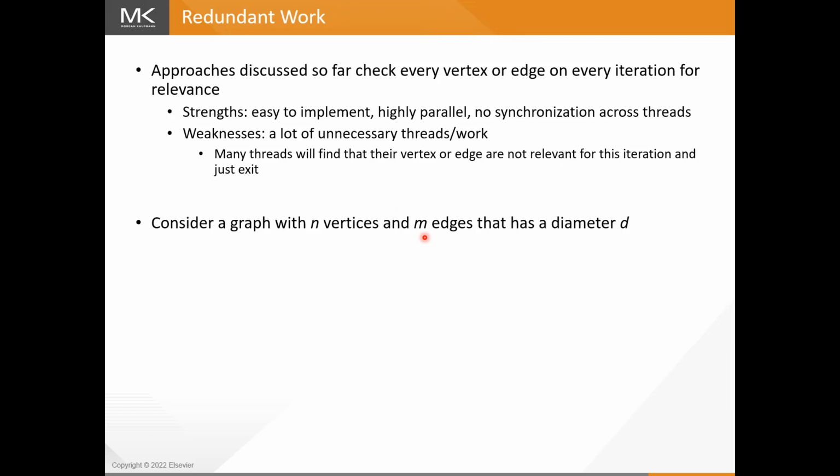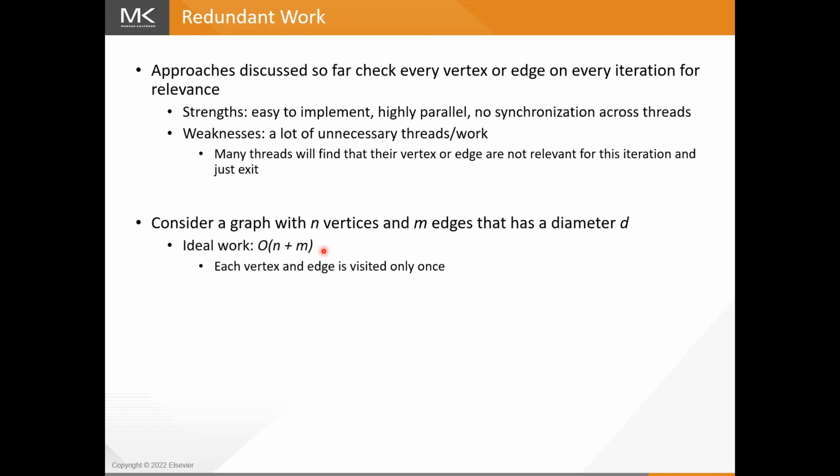Isn't it n plus m? Right, exactly, because in an ideal implementation that does the minimum amount of work, I have to visit every vertex once, and I have to visit every edge once. So in such an implementation, I would do O of n plus m operations. This is the baseline for our work efficiency.